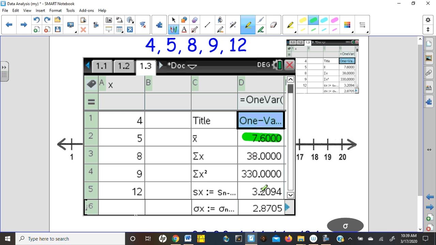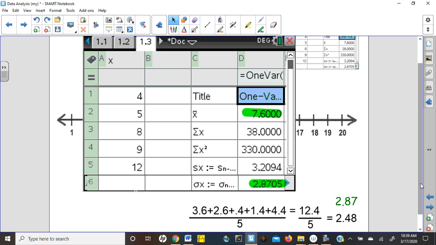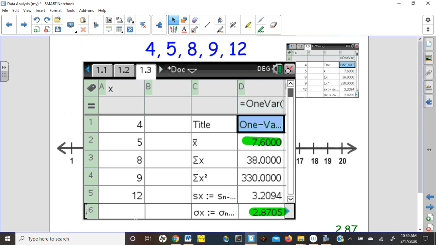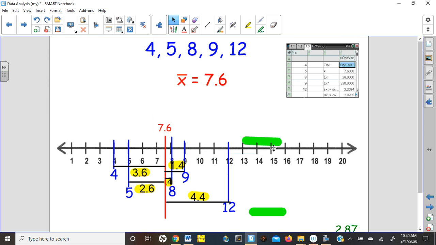Same thing I calculated above, but here's that standard deviation it came up with, and you can see that mine was 2.48 and it was coming up with a 2.87. So a little bit off because when I did mine, I didn't use the square roots and all that, but that's basically what standard deviation means.